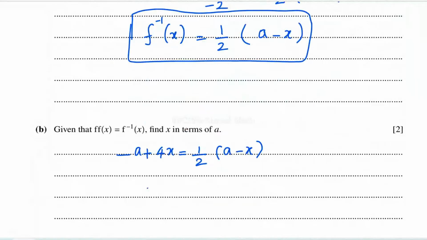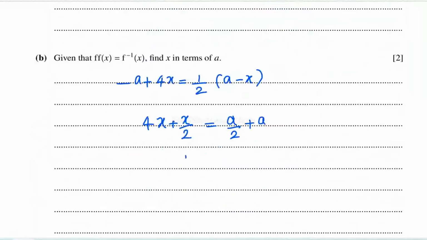Now bring all the x terms into one side and the a terms into another side. a over 2 plus a. So 9 over 2 x equal to 3 over 2 a. So x equal to 1 over 3 a.